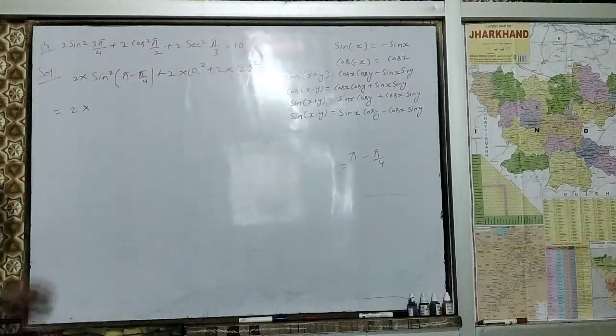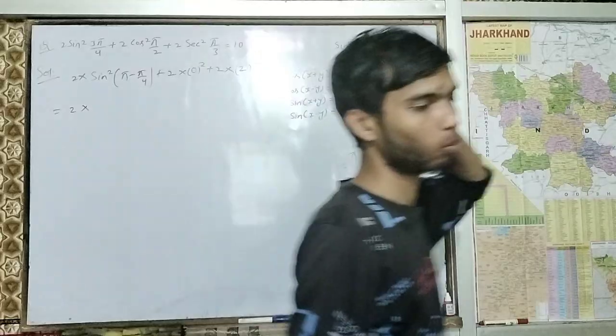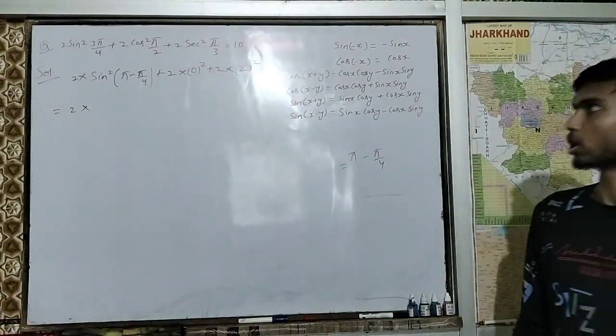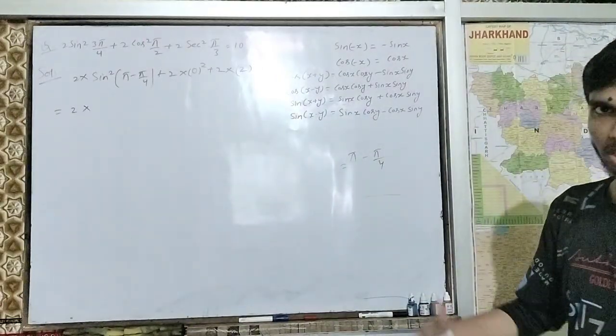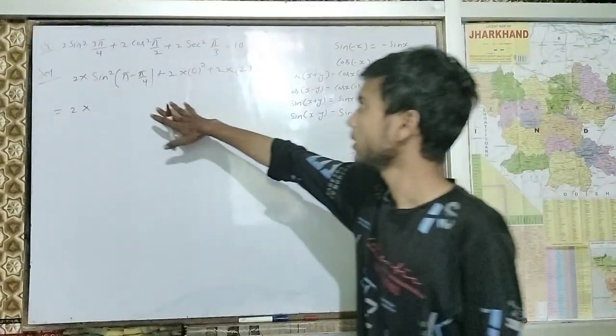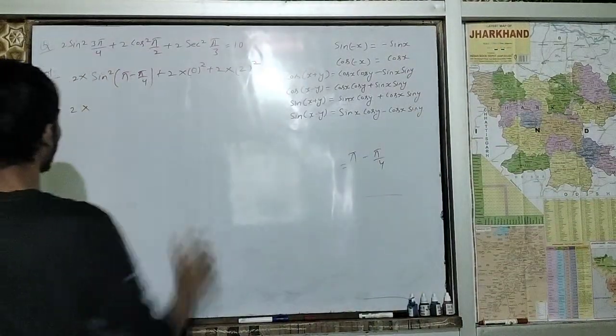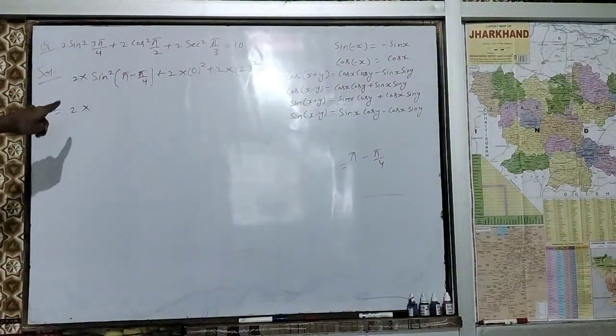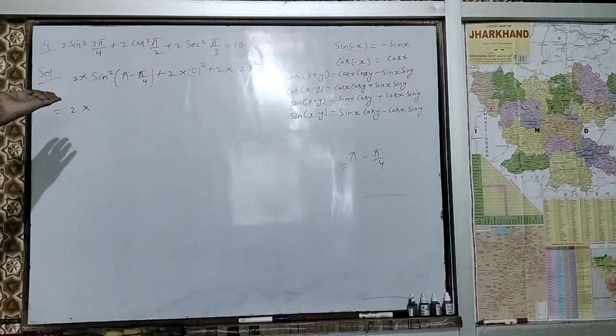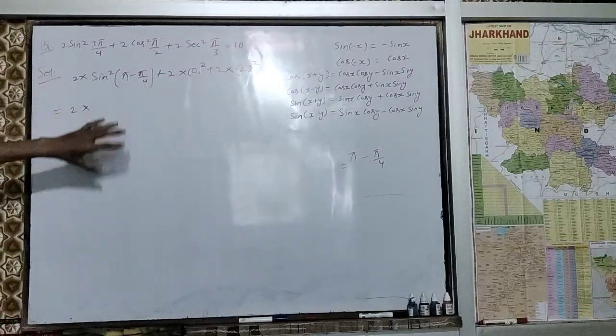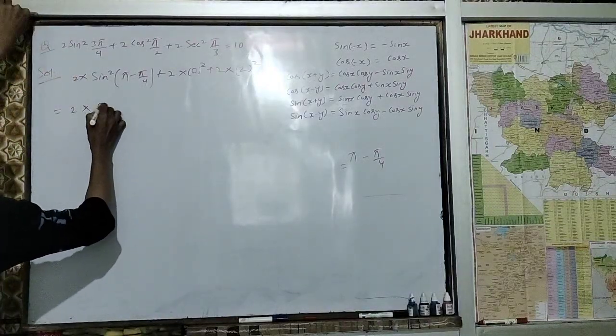Now look at over here. First angle is 180 minus, so of course it is coming in the second quadrant. In the second quadrant, sine is positive, so sine is coming over here and the operator will be as it is.